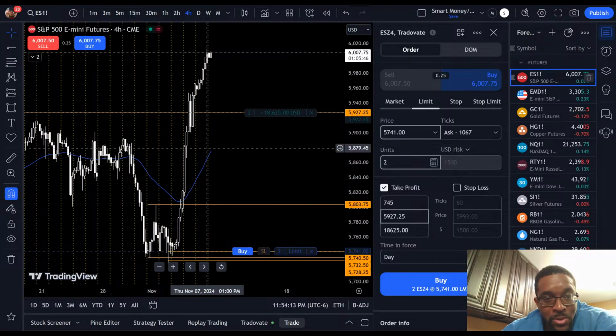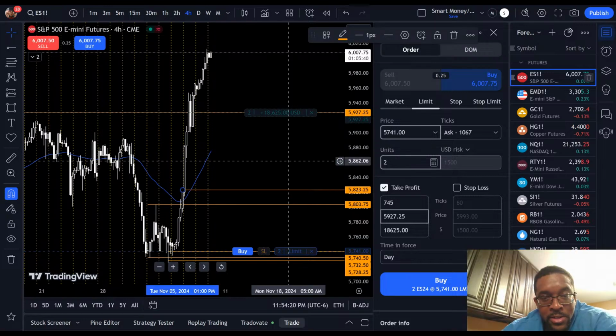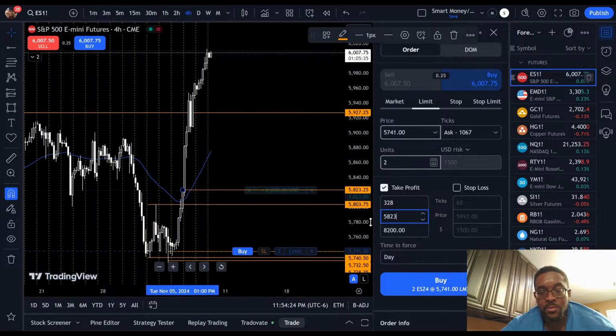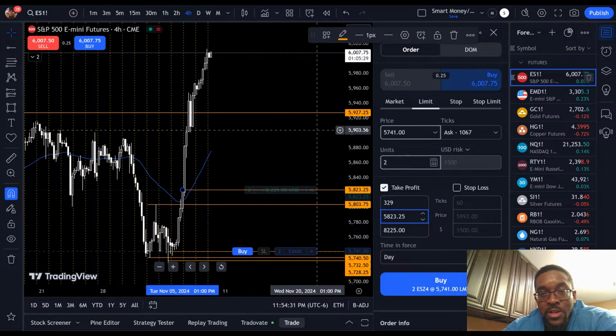So this trade would have gone up to about right here when the day closed, 5823.25, for a profit of $8,225, which is still awesome.